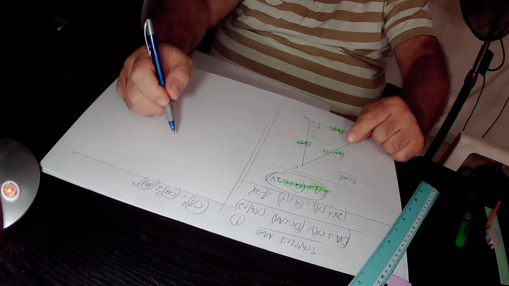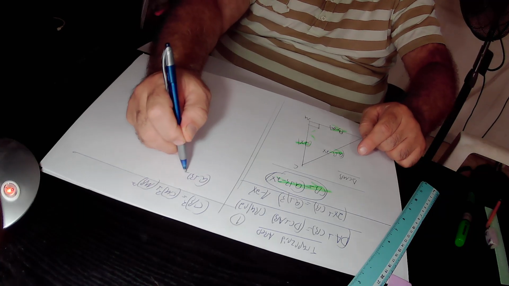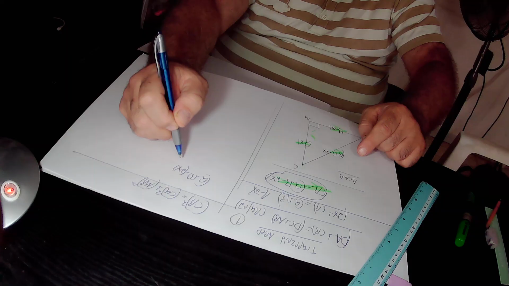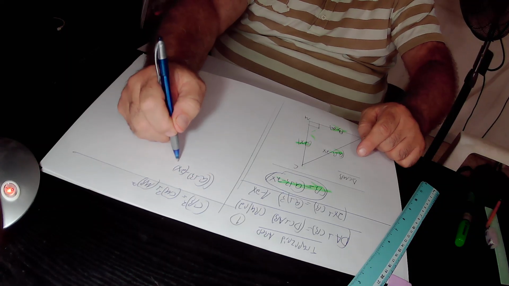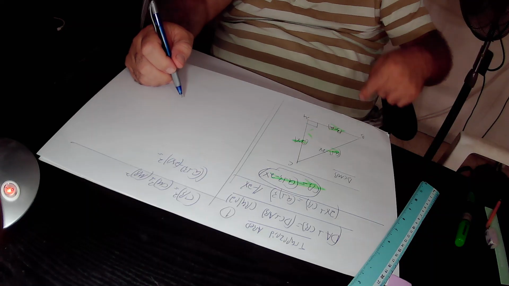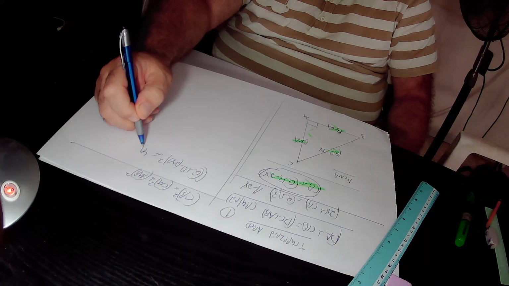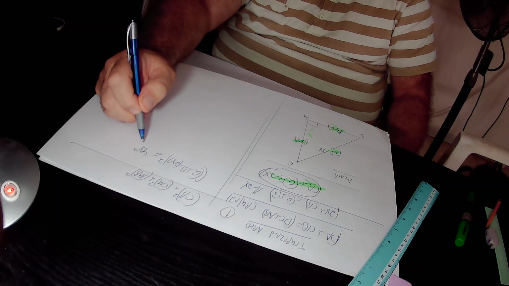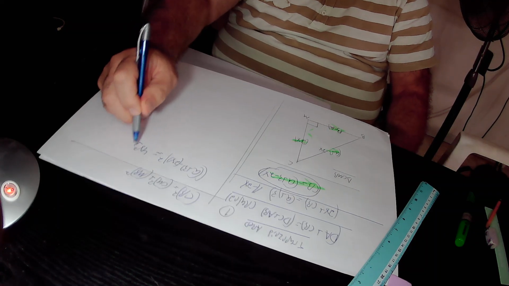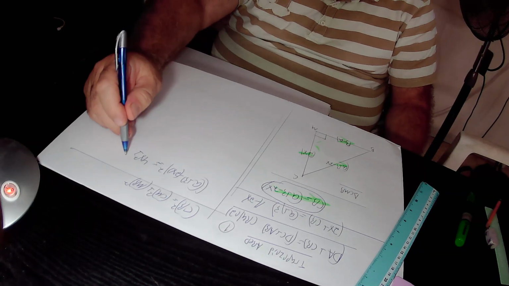CB is A plus 3 minus 2x, therefore CB squared is A plus 3 minus 2x all squared, and it equals CM squared. CM is 2x, therefore CM squared is 2x squared, that is 4x squared, plus BM squared. BM is 3 minus A, therefore BM squared is 3 minus A squared.